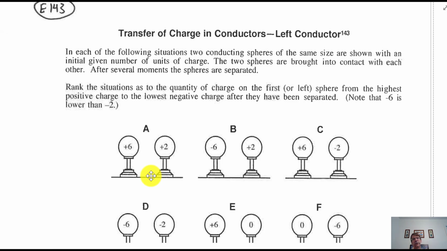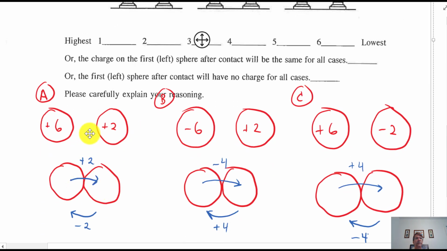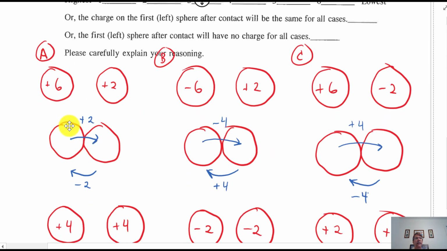So you'll see a lot of shortcuts here. So in A, there's a total of +8 between the two. So when you touch them, what happens is, here they are separated. So these are diagrams showing what happens. When you touch them, +2 charge goes to the right, or you could say it's just like a -2 going to the left.